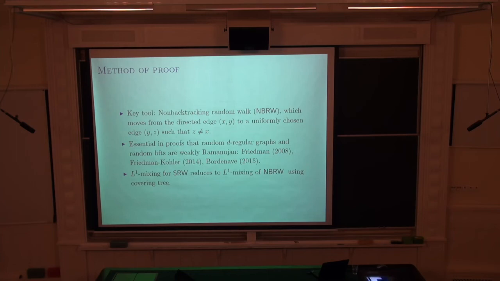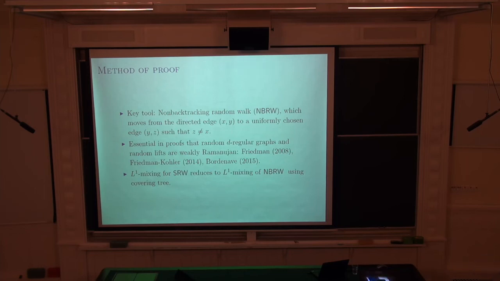What is the reason? The reason is, if you look at the covering tree, what is the covering tree of a graph? Well, one construction is: fix a base node and look at all non-backtracking paths from this base node. They have a natural tree structure, and that is the covering tree. And if you do a simple random walk on the covering tree, it projects to simple random walk on the graph.